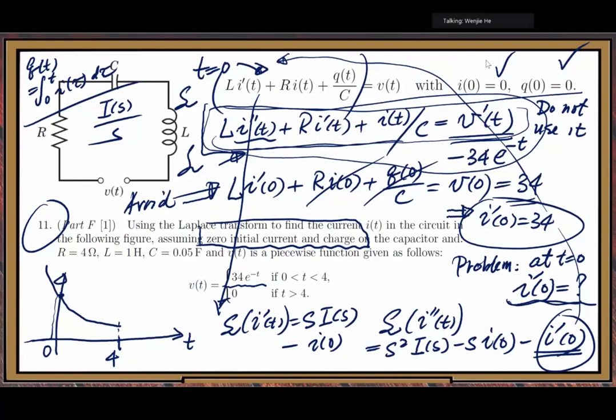You only need to memorize one thing: do not use the I prime of 0 value. Then you can avoid the potential problem. If you find a solution without using I prime of 0, then you will be fine.